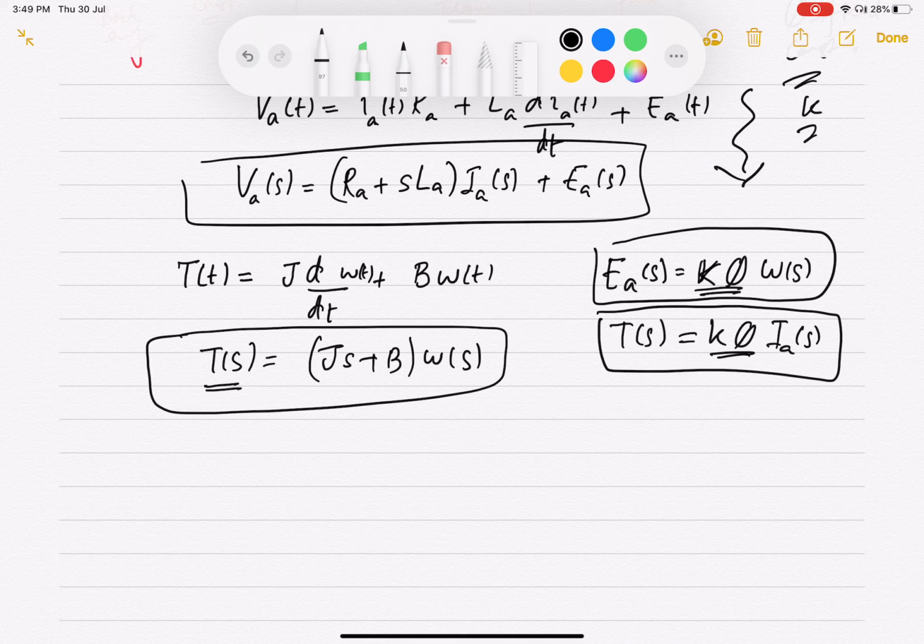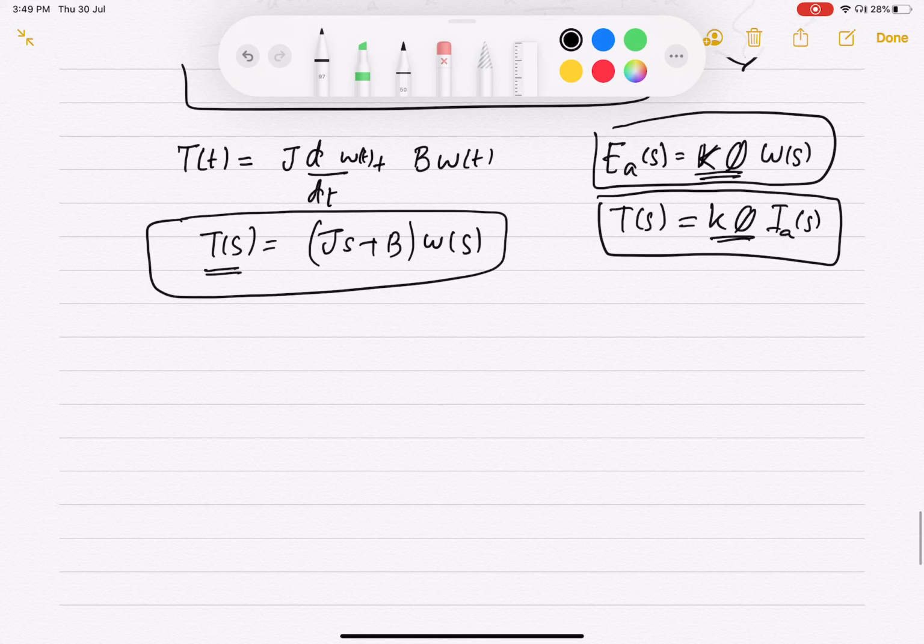So basically, let us start by taking Ia(s) as the input, multiplying it with K phi.